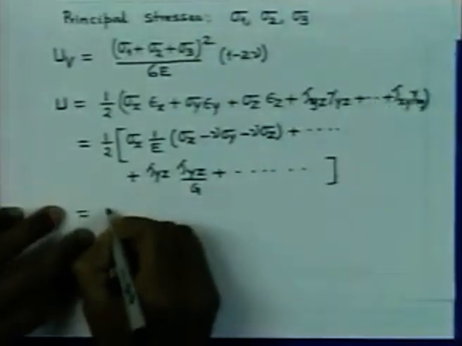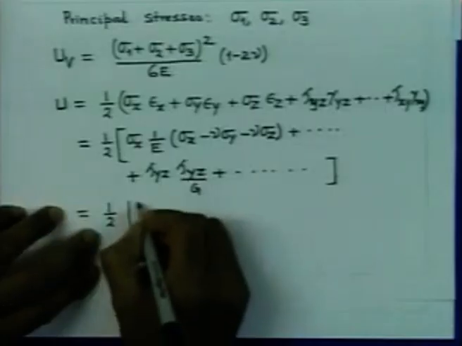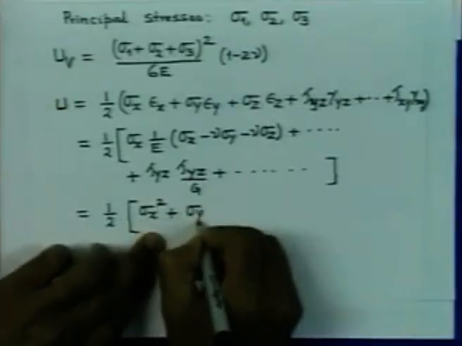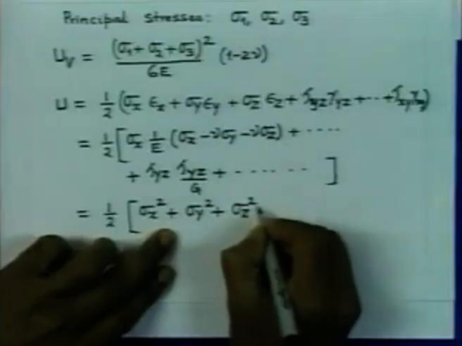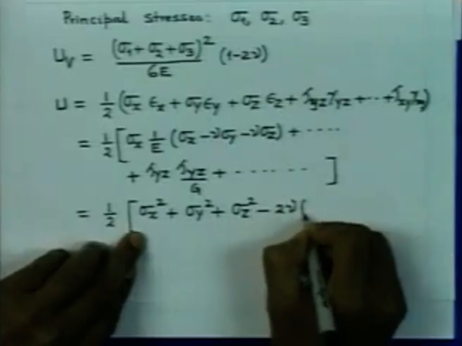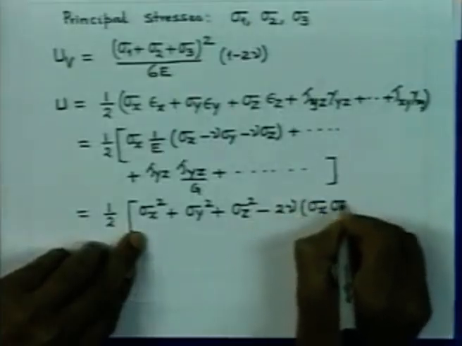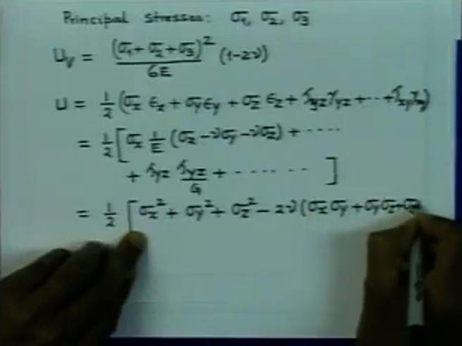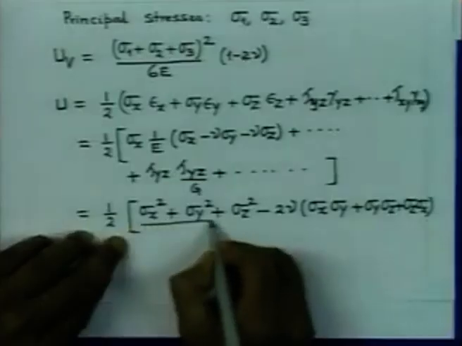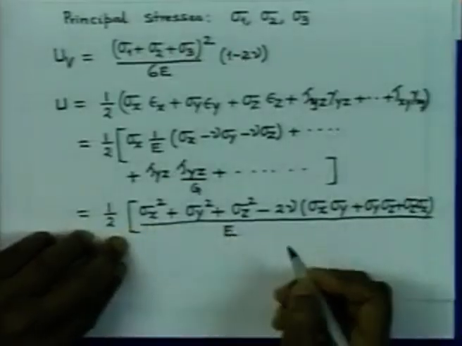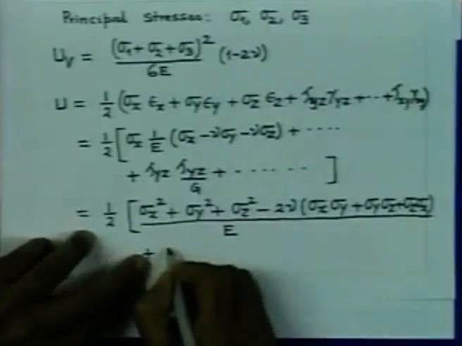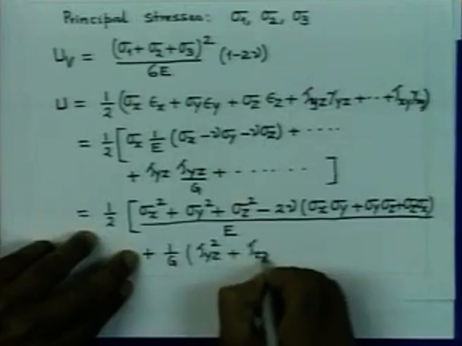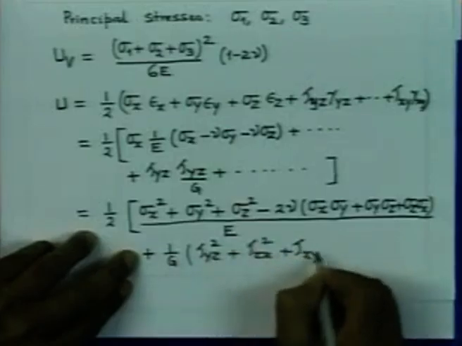So, finally, what we find is that this is going to be half, it is sigma x square plus sigma y square plus sigma z square minus 2 times nu into sigma x sigma y plus sigma y sigma z plus sigma z sigma x, divided by E, that is the first part, and then we are going to get 1 by G tau yz square plus tau zx square plus tau xy square.